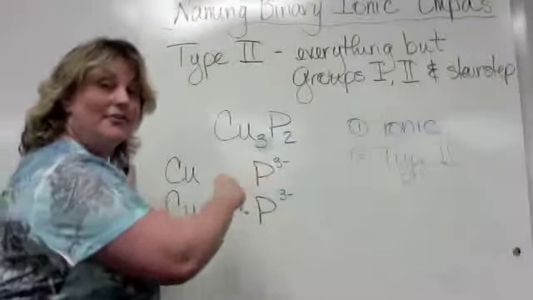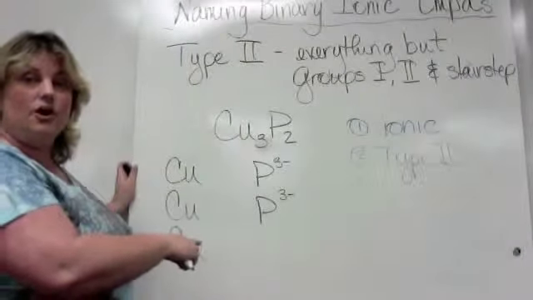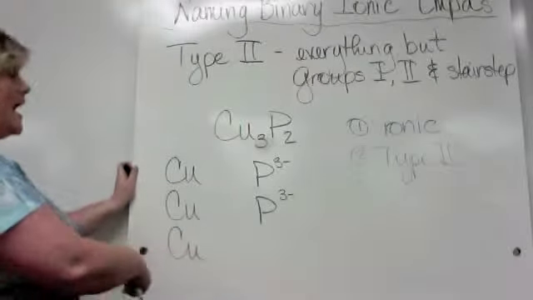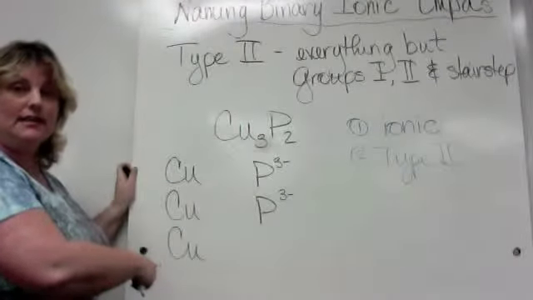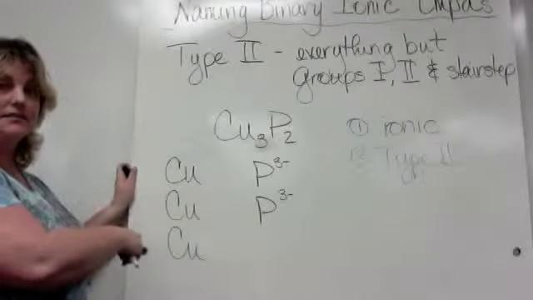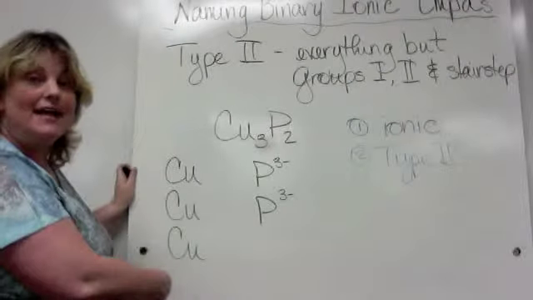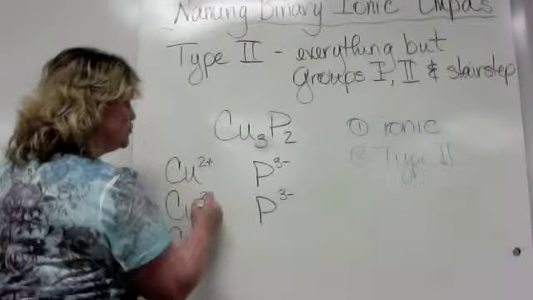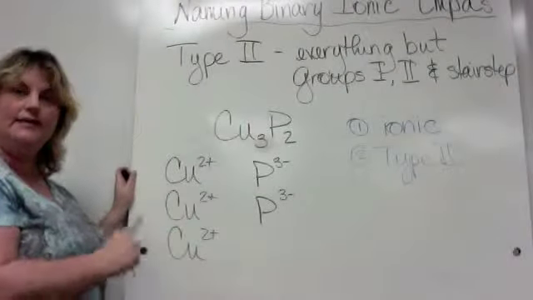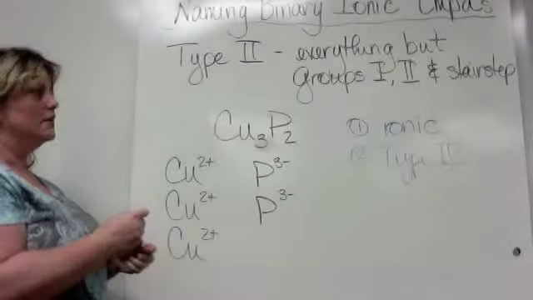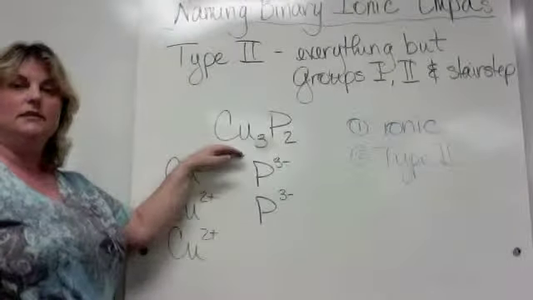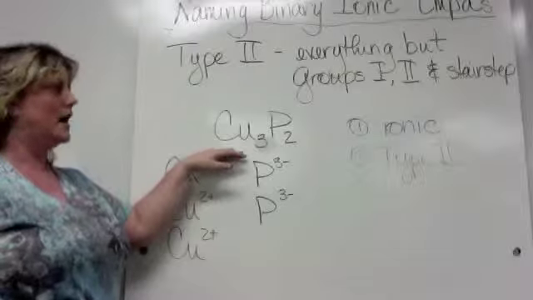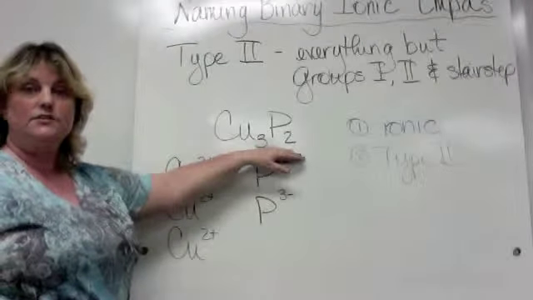That means altogether I have a -6 charge from the anions. I have to have a +6 from all of my cations. Well, I've got 3 of them to make up that +6. That means each one of these is a +2. So what I'm dealing with is copper 2 ion and the phosphide ion.